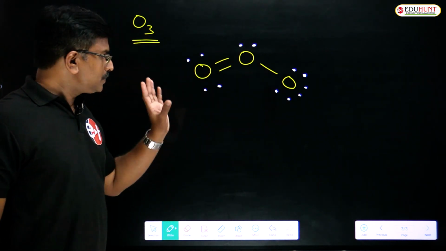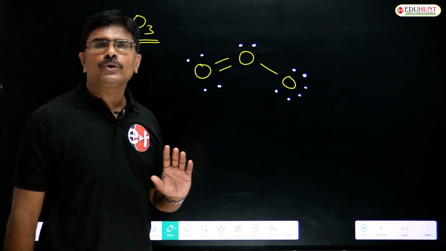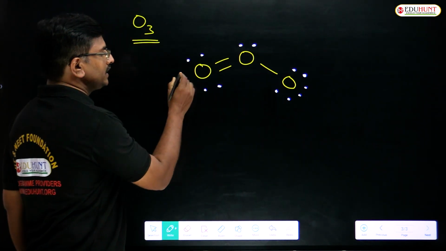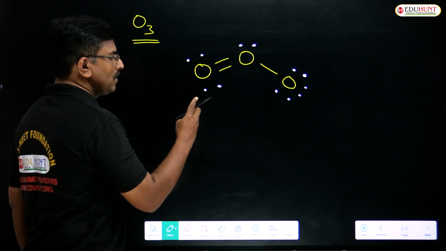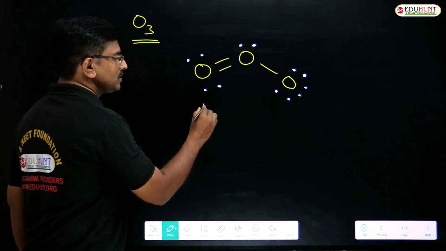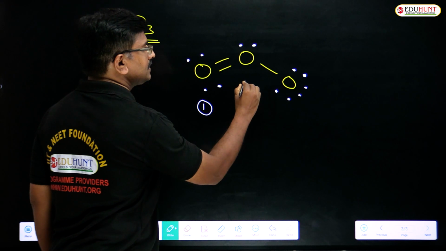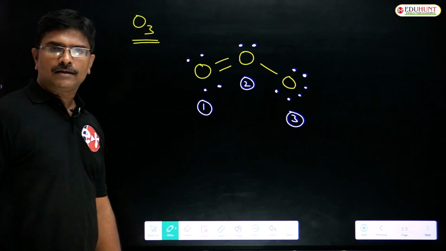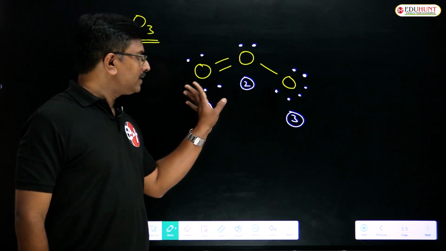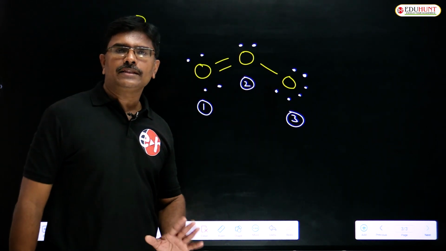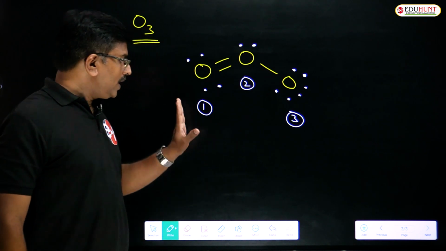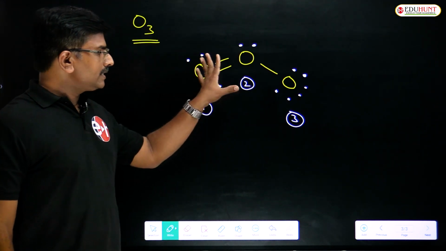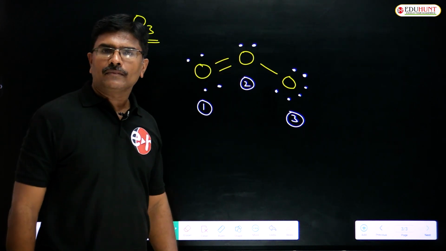This is the first oxygen, this is the second oxygen, and this is the third oxygen. So we have numbered the three oxygen atoms. Now we are going to calculate the formal charge of these three oxygen atoms.